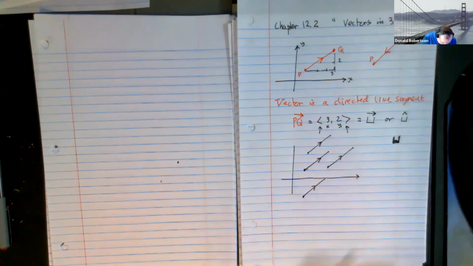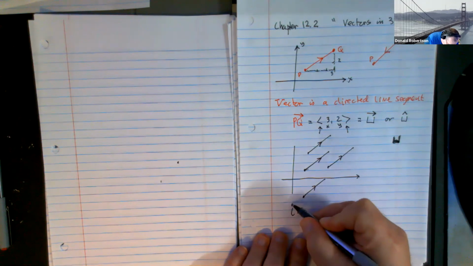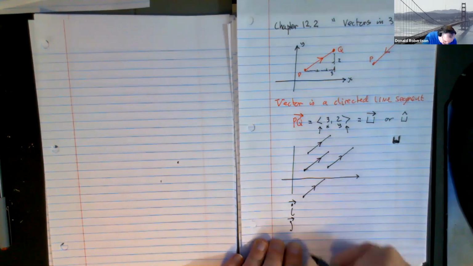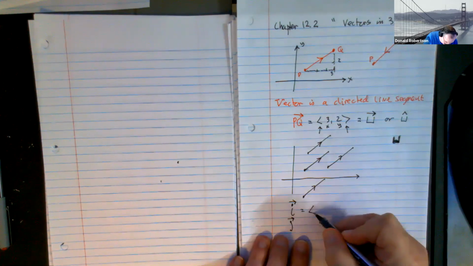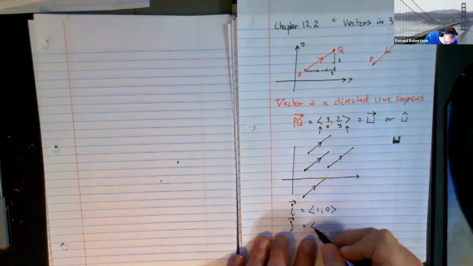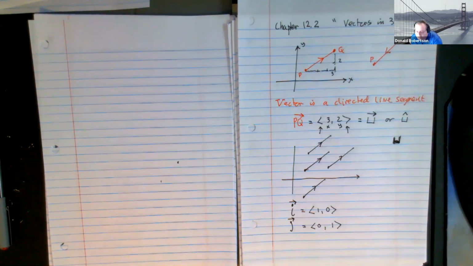Still on the 2D world, there are two very special vectors. One of them is called i, and the other one's called j. And i is going 1 unit in the x direction, and j is going 1 unit distance in the y direction. Those are very special vectors.